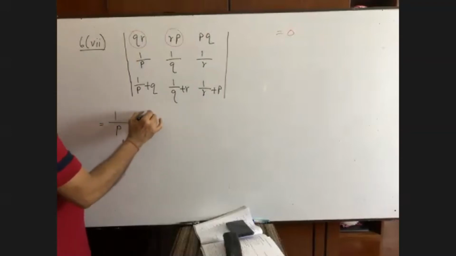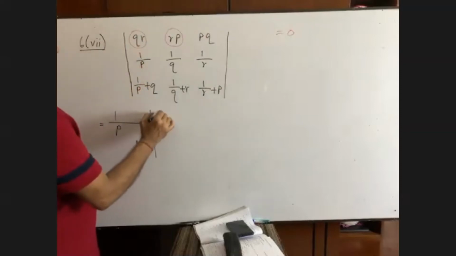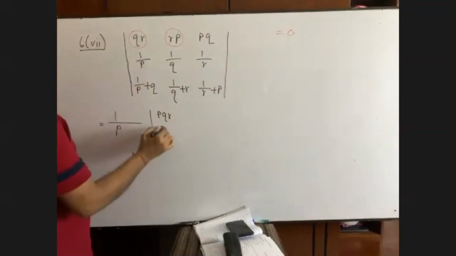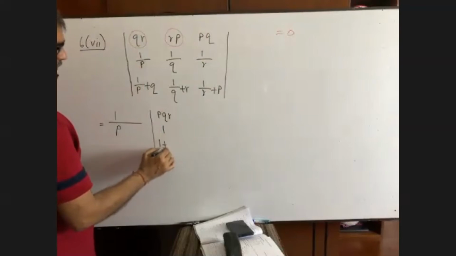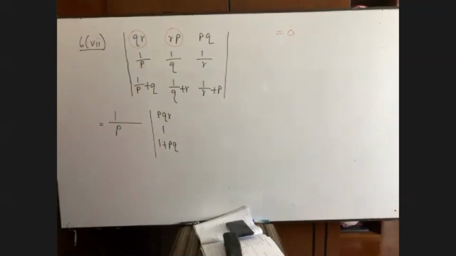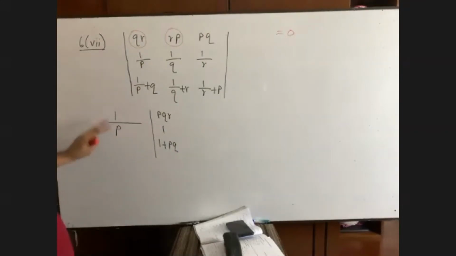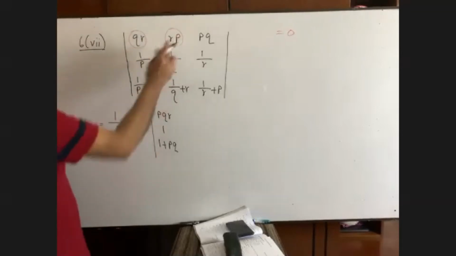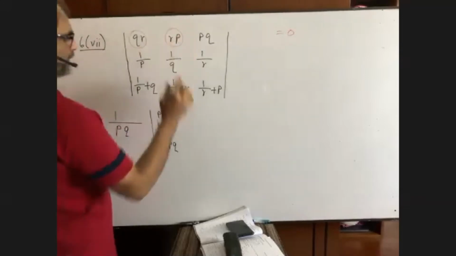That means here P, first column P. So it is PQR, multiply it by P, PQR, multiply it by P, 1, multiply it by P, then 1 plus PQ. Are you getting me? First column, I have multiplied by P. So I have taken 1 by P. PP will be omitted. For second column, you take Q. So what you are getting here, PQR.